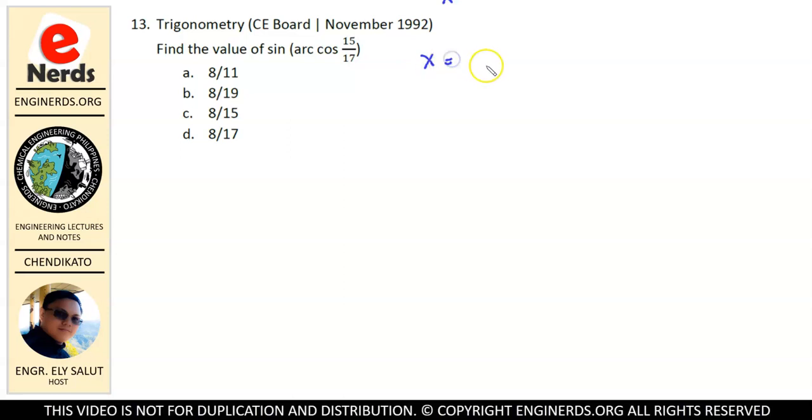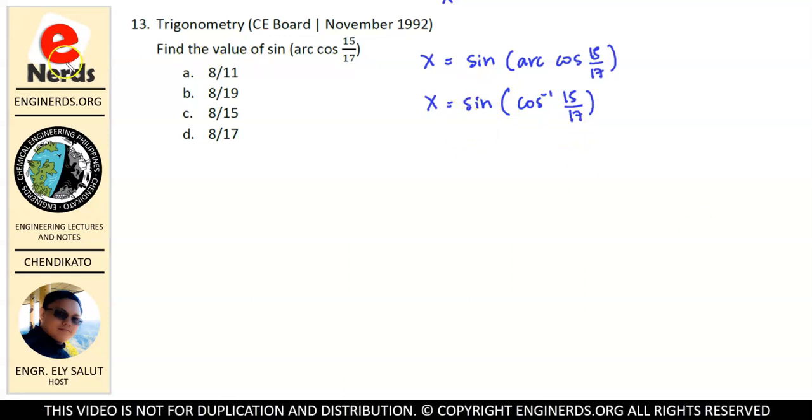So we have x is equal to sine arc cosine 15 over 17. So, arc cosine is the inverse of cosine. So, that means we can also write it this way: sine of cosine negative 1, 15 over 17. Okay? So, as you can see, our cosine to the negative 1 of 15 over 17 is actually, we can say, the angle that we need for our sine, ano?